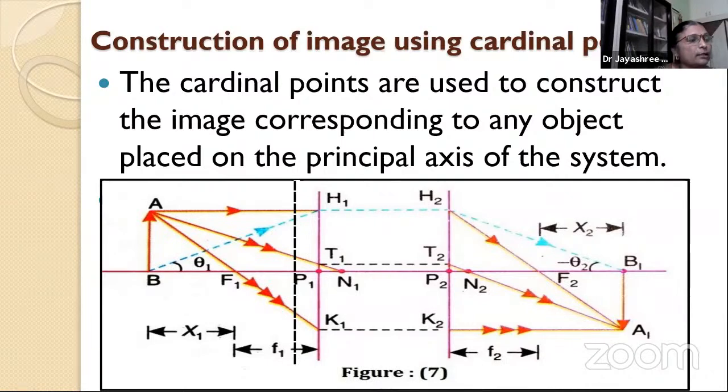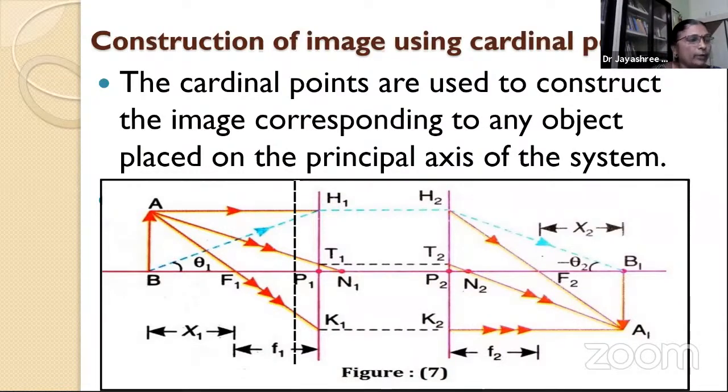Whenever we consider the nodal points, these are the points on the principal axis of the optical system where light rays, without refraction, can intersect the optic axis. Hence the planes passing through the nodal points and perpendicular to the principal axis are the nodal planes.